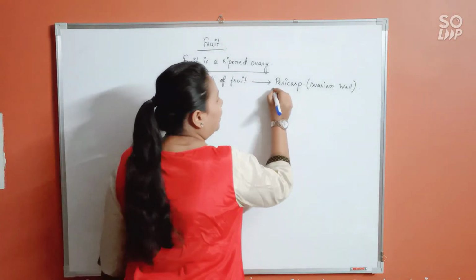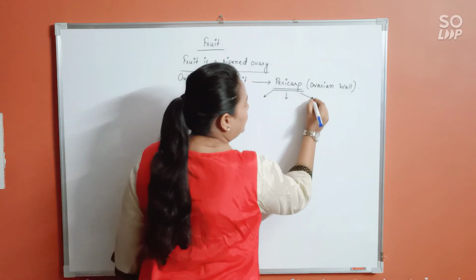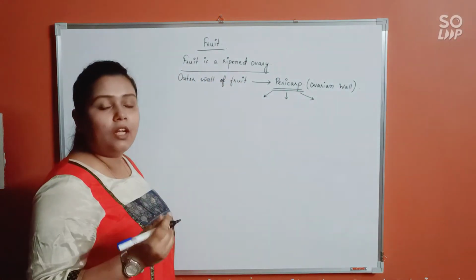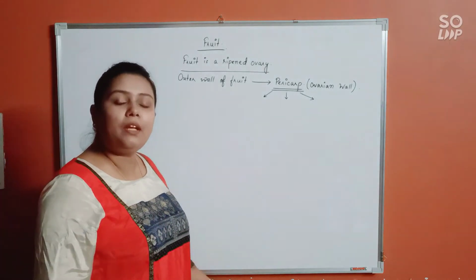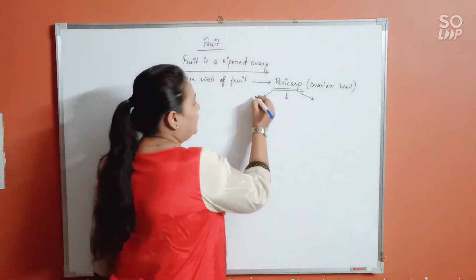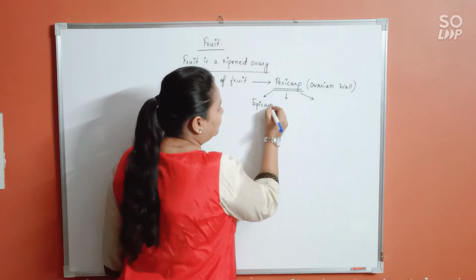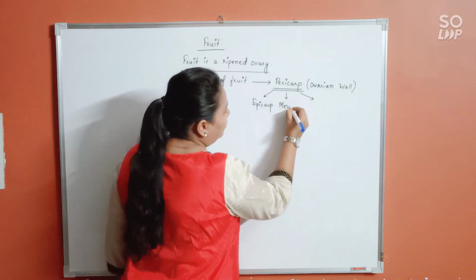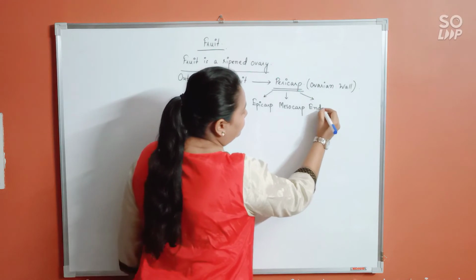Now if you remember, pericarp consists of three distinct layers, right? Not in all fruits, fine, but in fleshy fruits, pericarp can be differentiated into three layers, that is epicarp, mesocarp and endocarp.